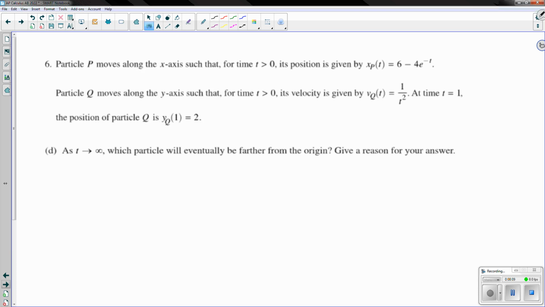As t approaches infinity, which particle will eventually be further from the origin? Give a reason for your answer. Okay, so farther from the origin, this is indicating we're going to have to analyze position.